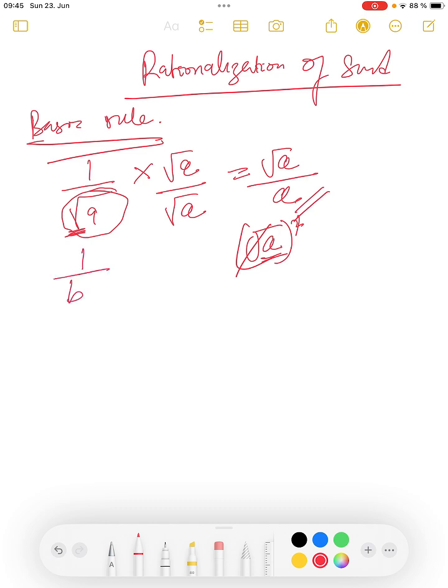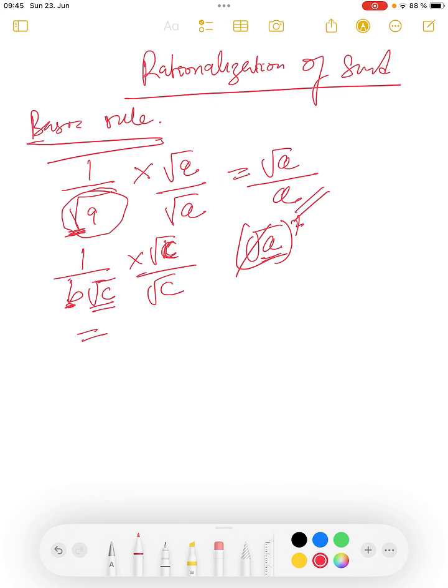In other words, if you have 1 over b root c, just find out where the radical is, which is root c. You don't need to bother about the coefficient. It's just attached to it, so you just multiply by root c over root c, both the numerator and the denominator.